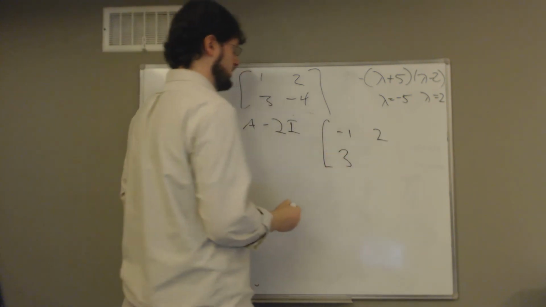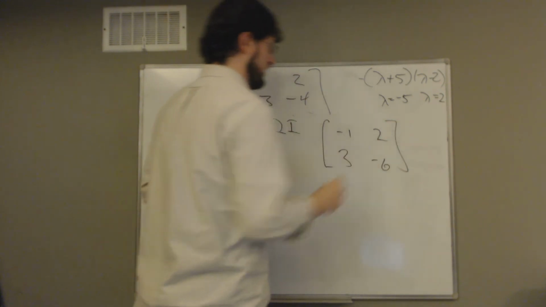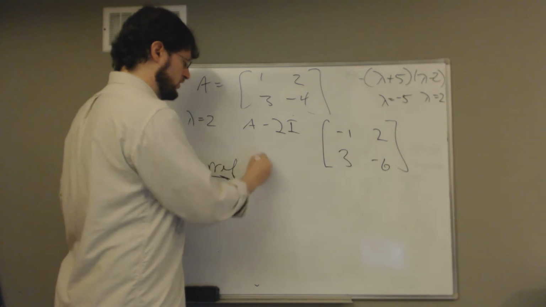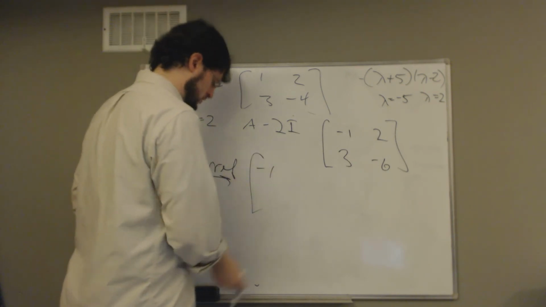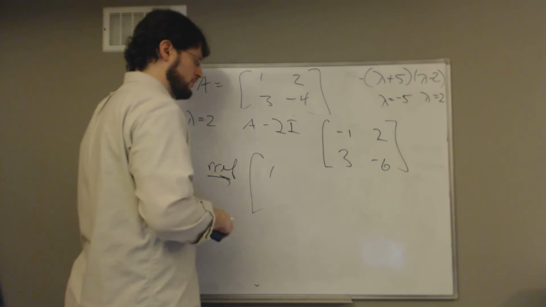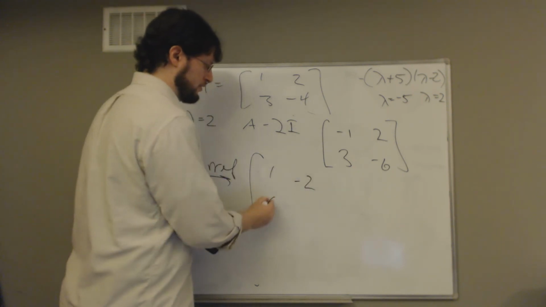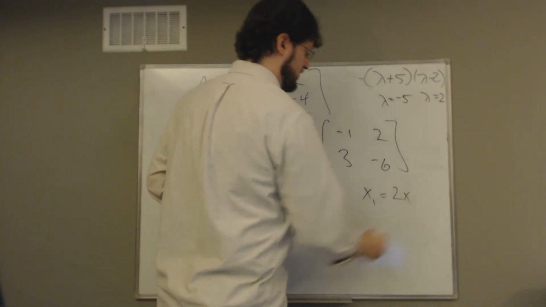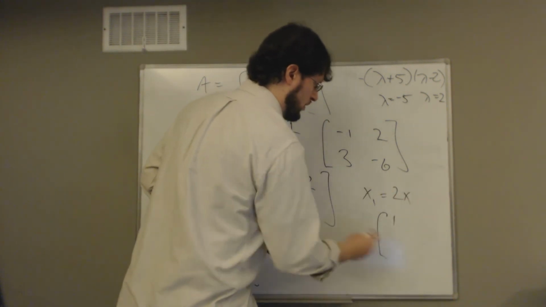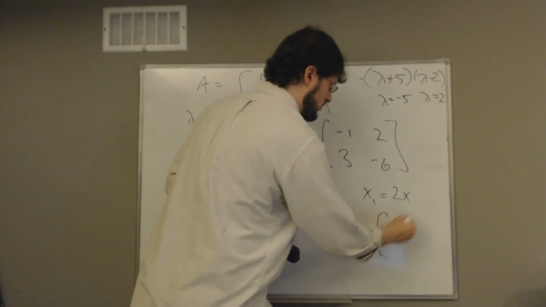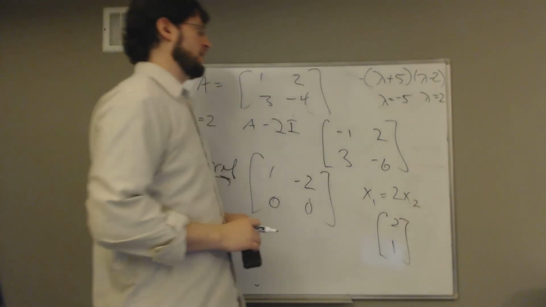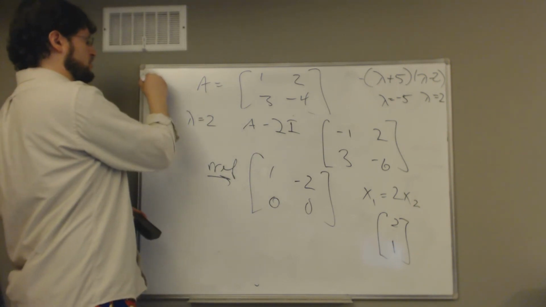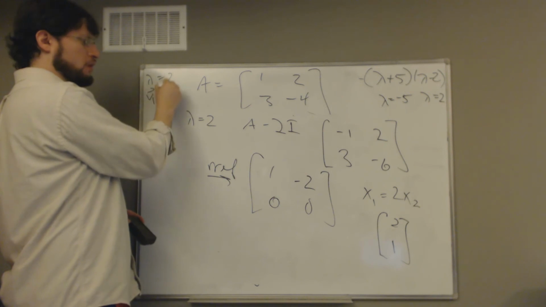This row is just a multiple of the first, so this reduces to [1, -2; 0, 0], which tells me that x1 is 2 x2 and x2 is free. So I get [2, 1] as my eigenvector. So for lambda equal 2, our eigenvector v1 is [2, 1].